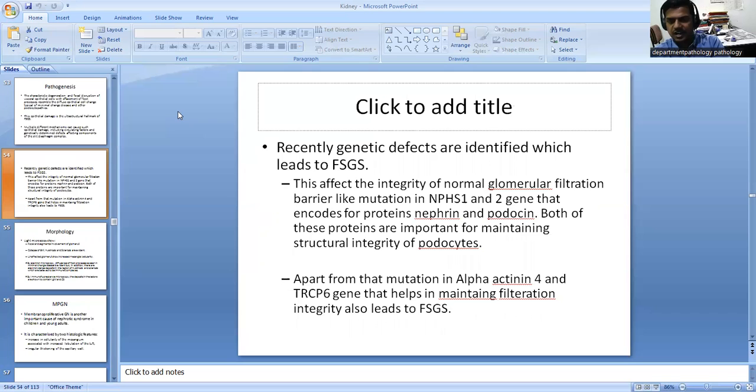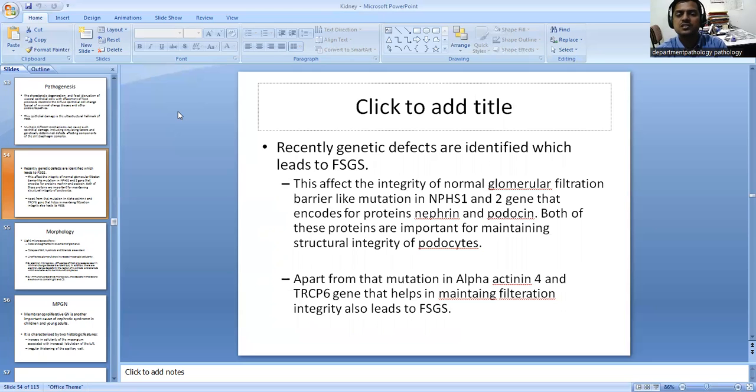Recently, genetic defects have been identified which lead to FSGS. These affect the integrity of the normal glomerular filtration barrier, like mutations in the NPHS1 gene and NPHS2 gene that encode the proteins nephrin and podocin, respectively.